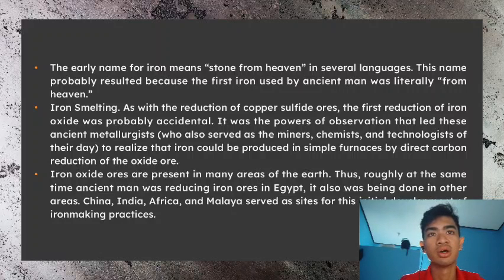The iron had not been melted during its production. Like the iron in the stones from heaven, the sponge could be hammered into shape and was relatively strong. Spear and arrow tips, daggers, and other tools and weapons could be fabricated.